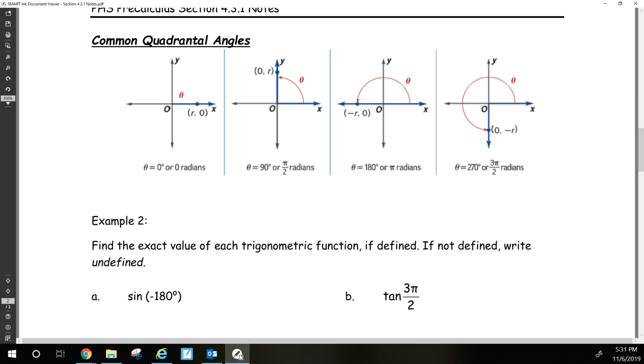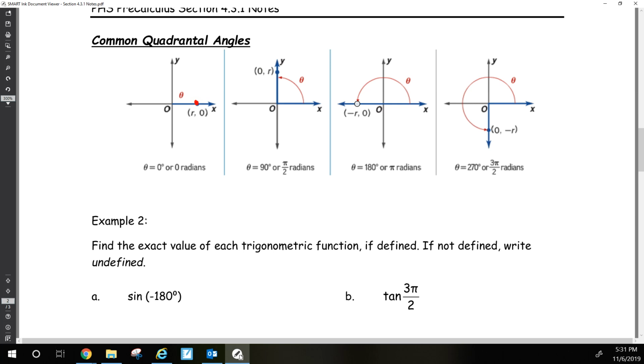This point here is at 0 degrees or 0 radians, and it's at the point whatever your radius is, 0. When we're up in the top portion, x is going to be 0, y is r, and that's 90 degrees or pi over 2. At 180 degrees or pi, that's when we're over here.